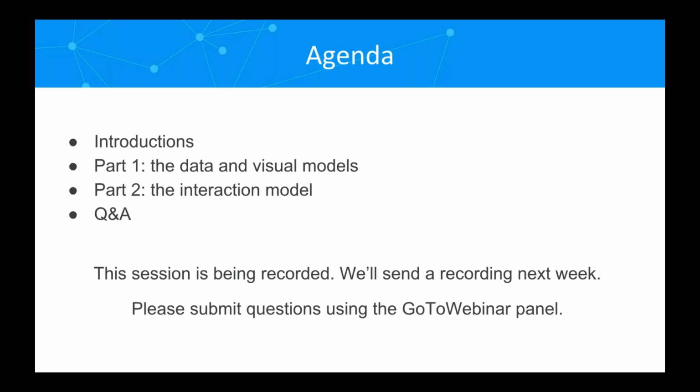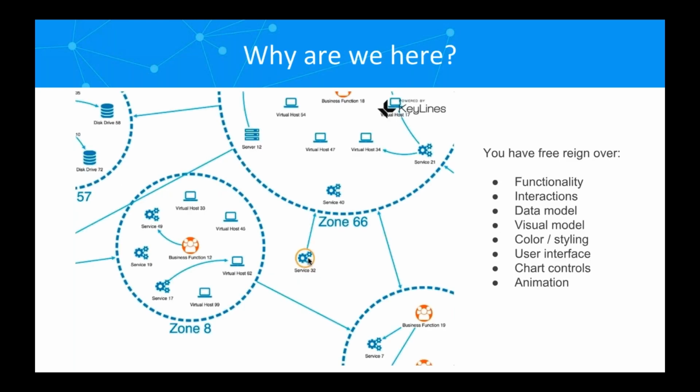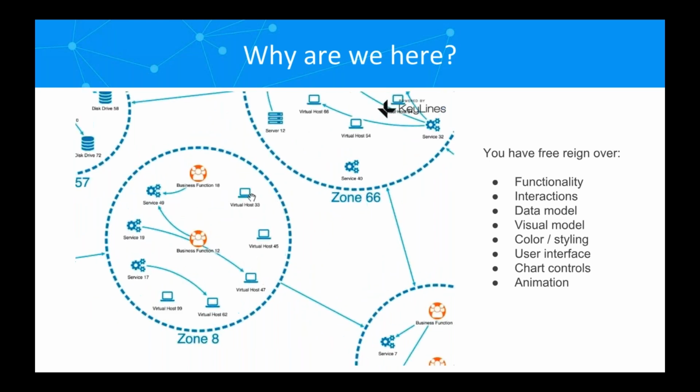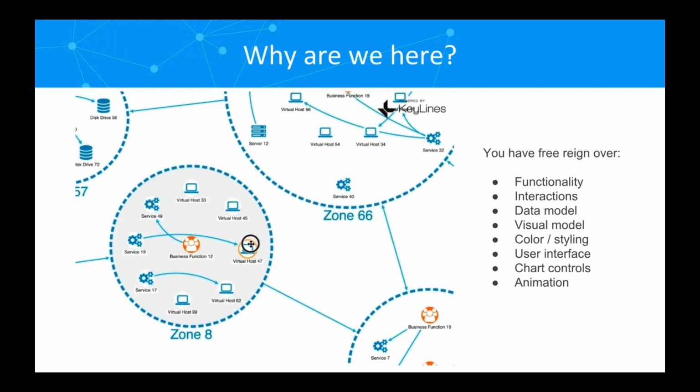So just by way of quick introduction, I wanted to talk a little bit about why we're here. We're going to be talking a lot about KeyLines. For those of you who aren't familiar with KeyLines, it's a toolkit for building interactive visualizations of connected data. You can see an example of one on the screen right now.